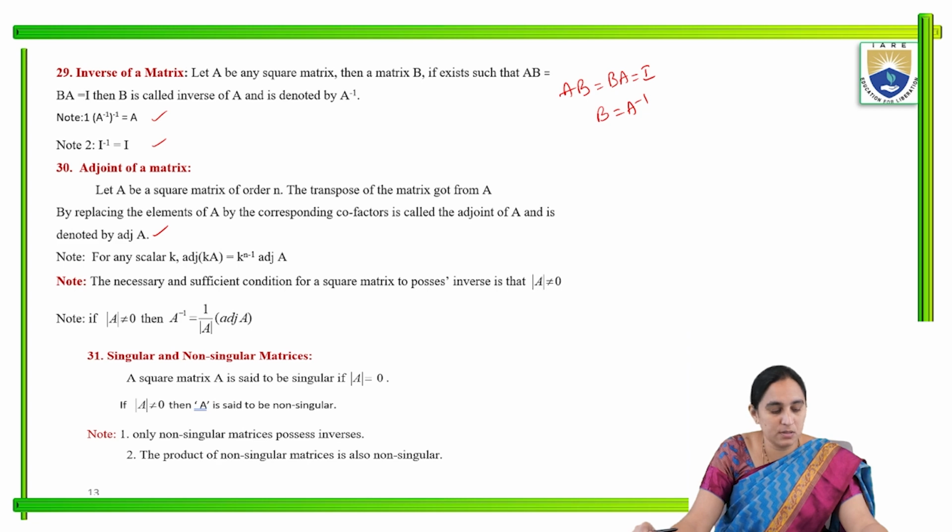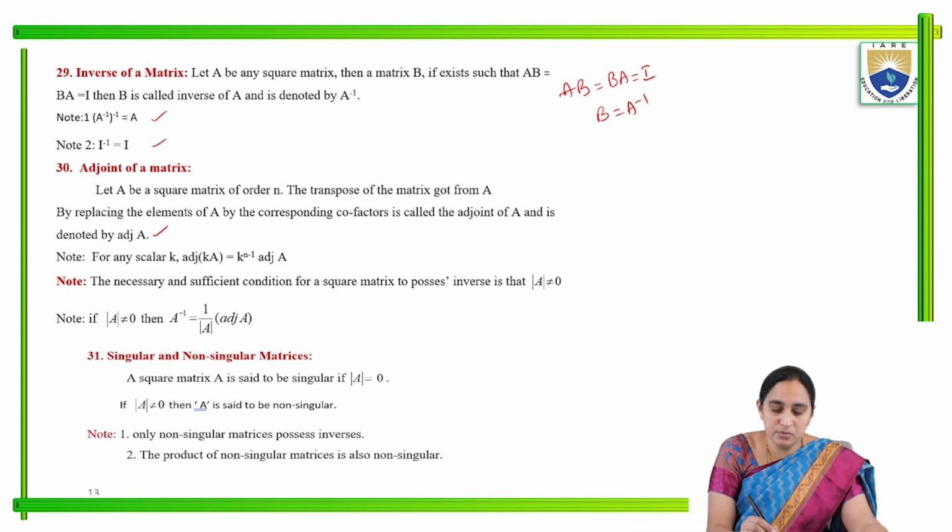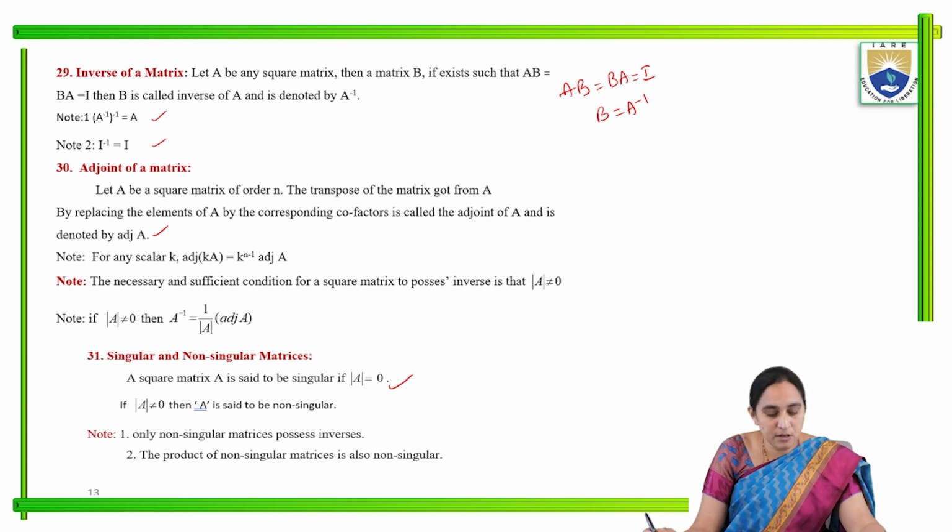Singular and non-singular matrices. A square matrix A is said to be singular if det A is equal to 0. If the determinant of A is equal to 0, then that matrix is called singular. Second point, if det A is not equal to 0, then A is said to be non-singular.